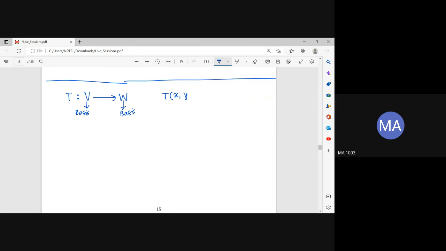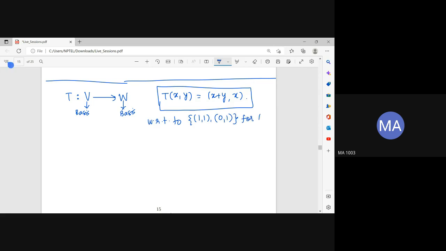Say I have this linear transformation. You cannot do that without specifying with respect to what basis. So say with respect to (1, 1), (0, 1) for the domain.